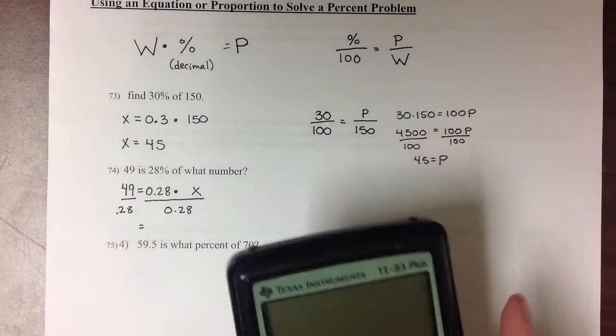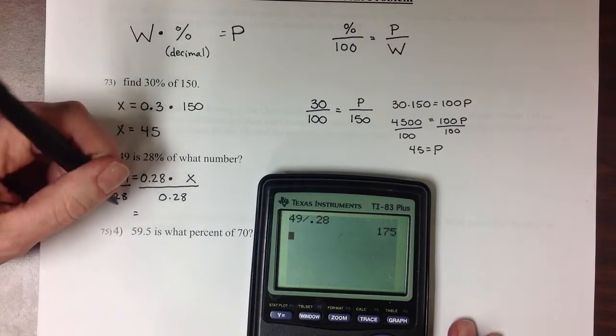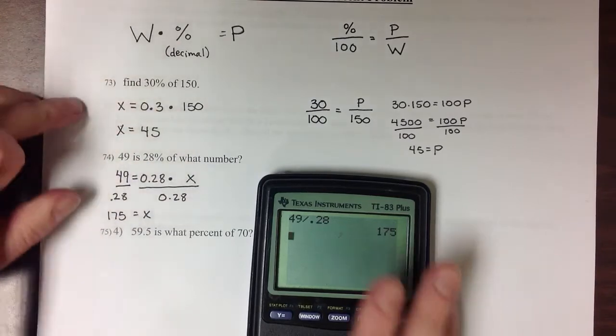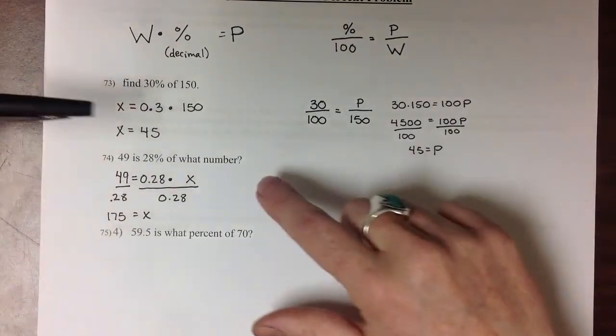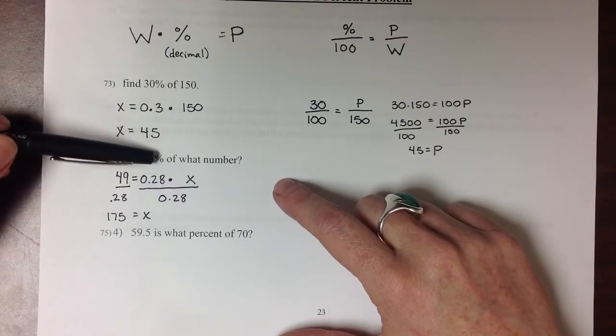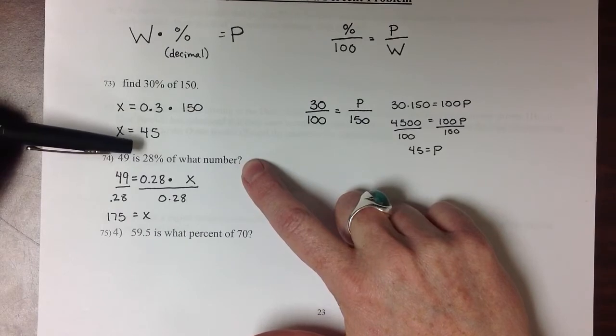So pulling out my calculator, I look at 49 divided by 0.28, and I get 175 is equal to x. Now to go back and check and see if that makes sense, 49 is 28% of some number, so it's less than 100%, less than all of it.